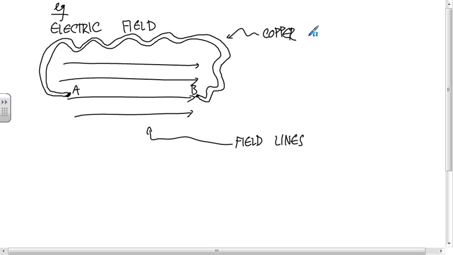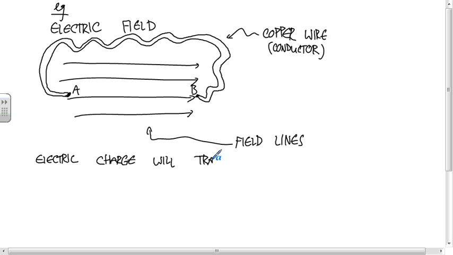Copper is a good conductor. Then electric charge will travel from A to B.